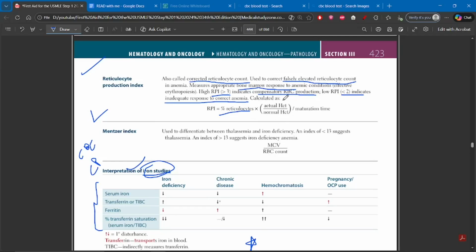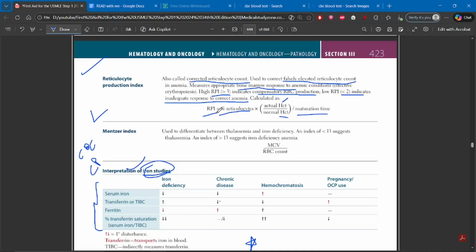So this will be given in the question. This you already know. This is 45% and divided by the maturation time, which I think will also be given in the question, I suppose. So they don't really outright give you a question and ask you to calculate the reticulocyte production index. That's not what they ask you to do.